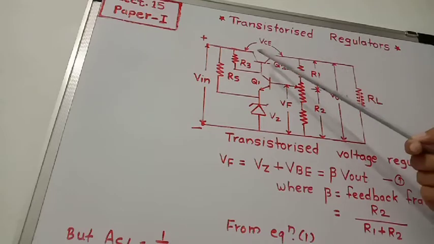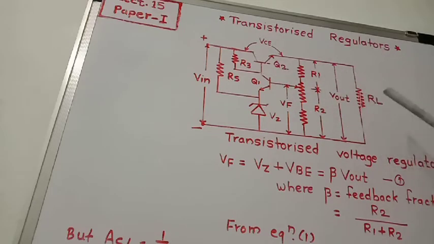So since VCE increases, the voltage across RL decreases, and it is set to its original voltage value.